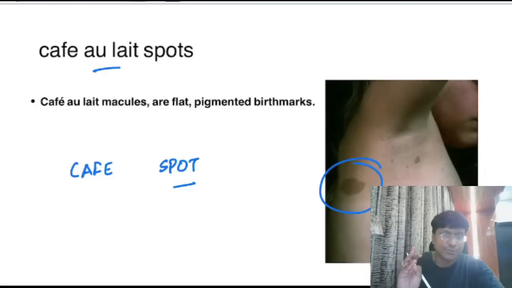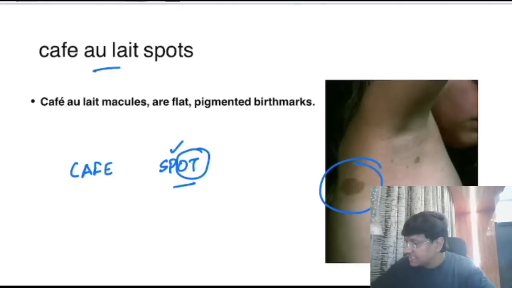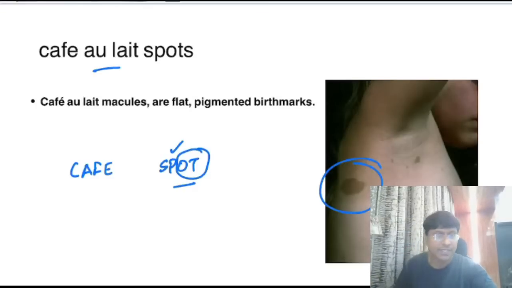C stands for café-au-lait spots, A stands for axillary or inguinal freckling, F stands for fibroma, E stands for eye abnormality, that is Lisch nodules, S stands for skeletal abnormality within the bone where there is scoliosis or even sphenoid dysplasia, P stands for positive family history, OT stands for optic tumor, that is glioma. Even gliomas are very common in neurofibromatosis type 1. Okay, so this is about your CAFE SPOT, right?